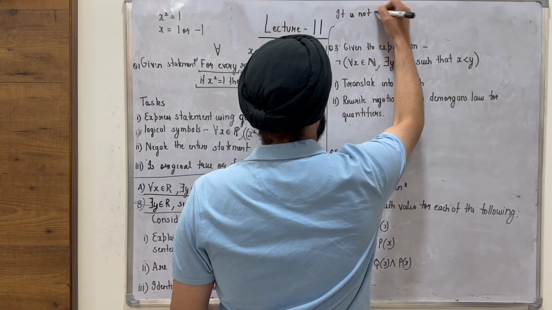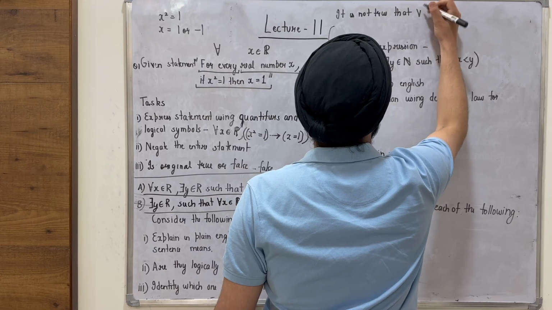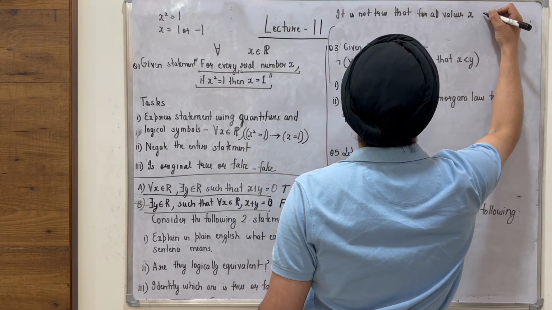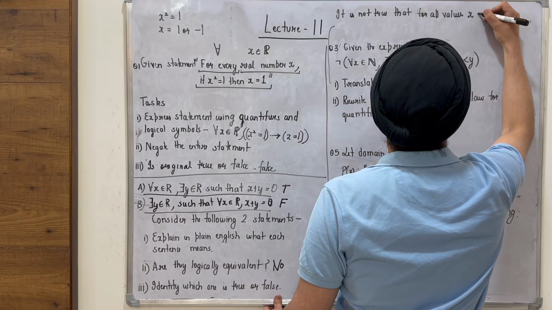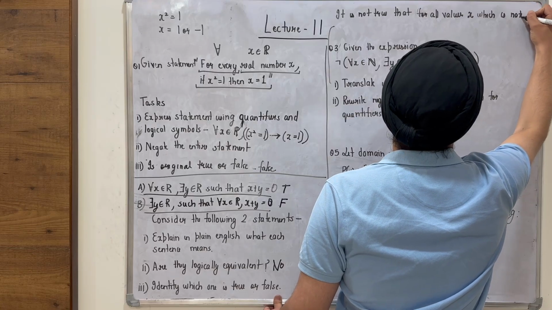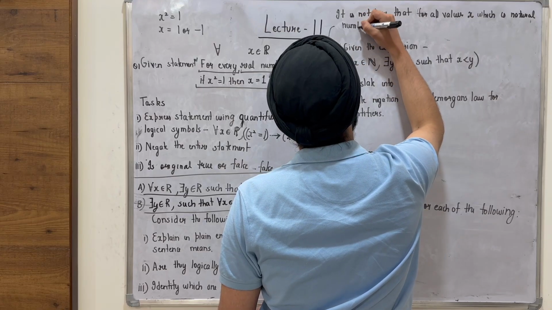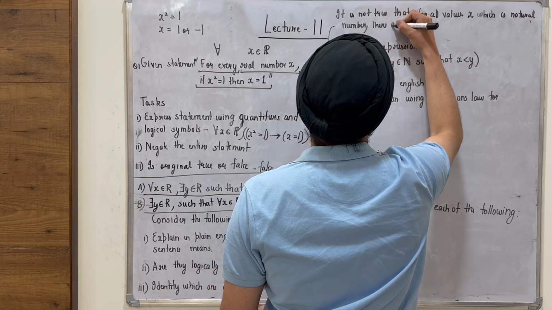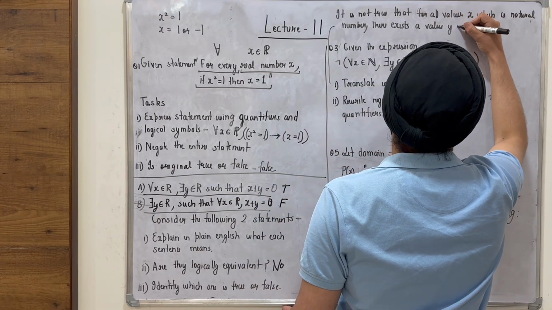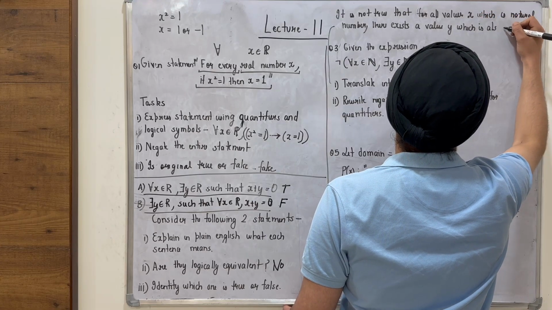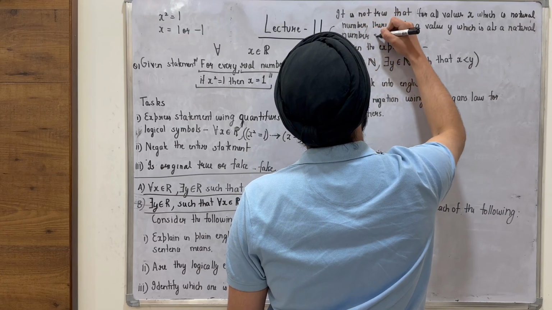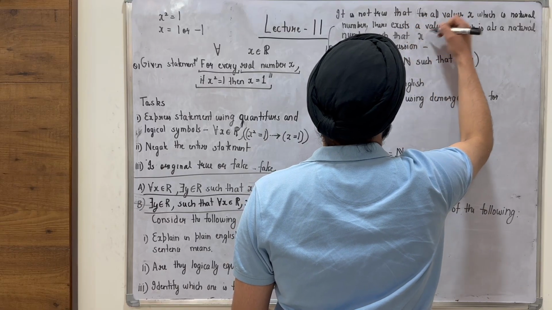It is not true that for all values x there exists y such that x is less than y.